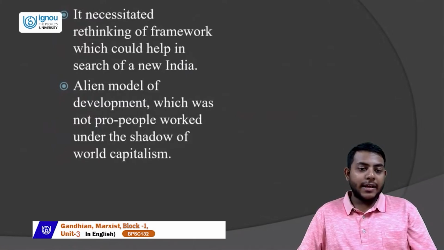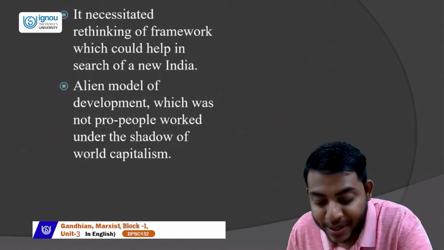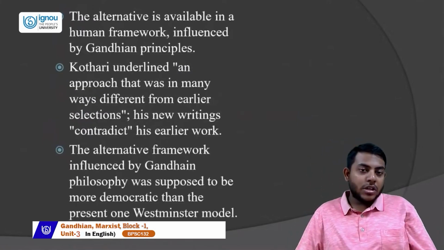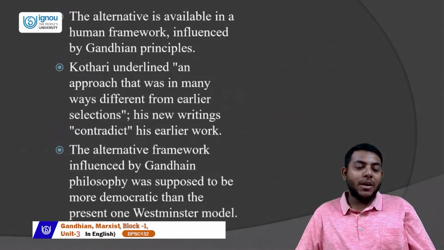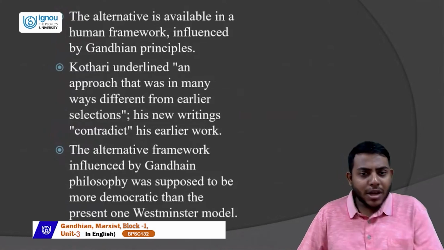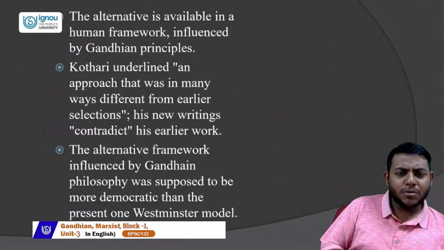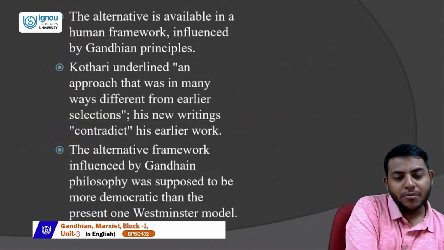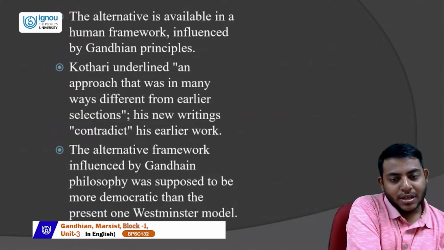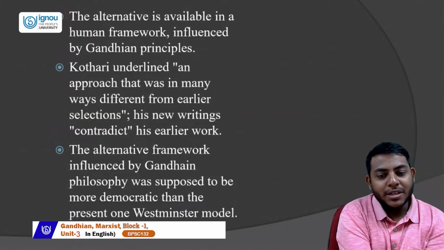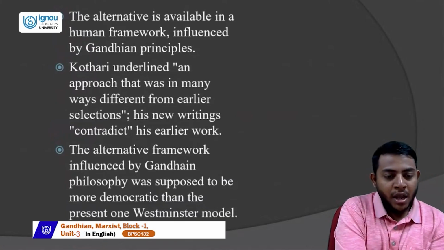The alien model of development, which was not pro people, worked under the shadow of world capitalism. So the alternative is available in a human framework influenced by Gandhian principles. Kothari underlined an approach that was in many ways different from earlier selections. His new writings contradict his earlier work.